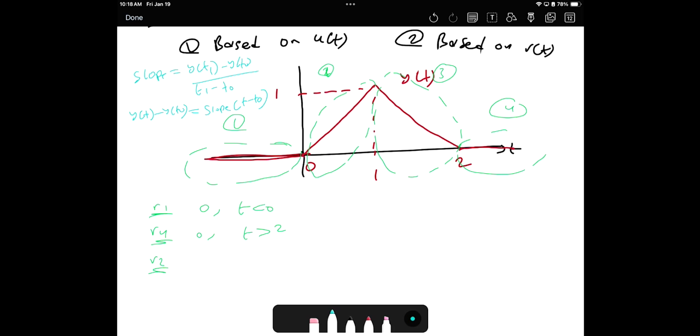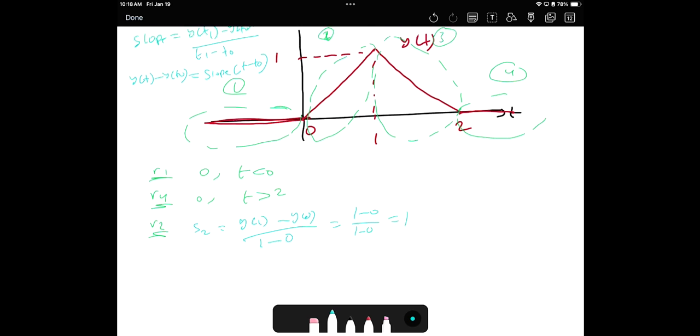So in region 2, let's find the slope. I'm going to call it S2, the slope of region 2, which is y of 1 minus y of 0 over 1 minus 0. Y of 1 is 1, according to the graph. Y of 0 is 0, over 1 minus 0, so the slope is 1.